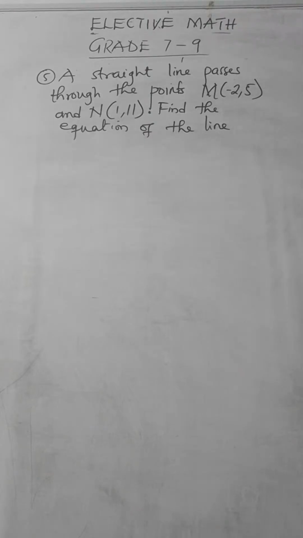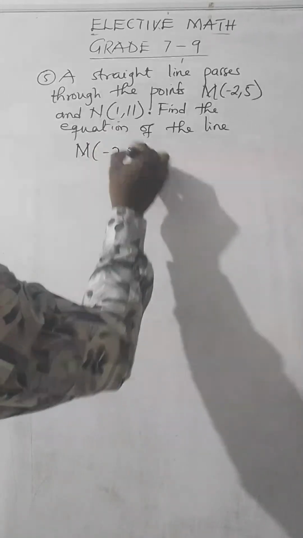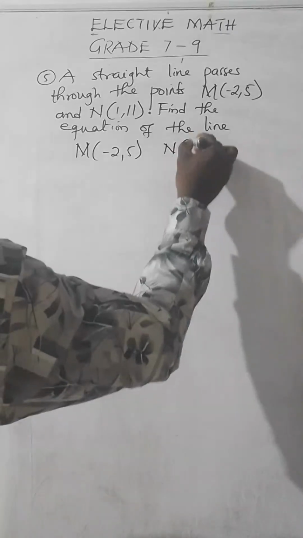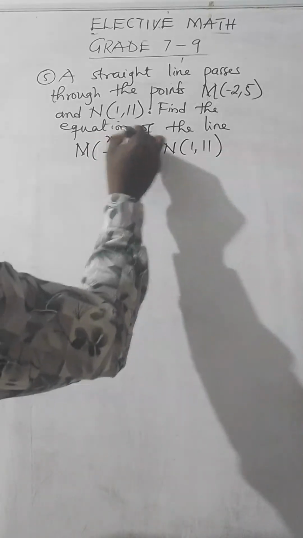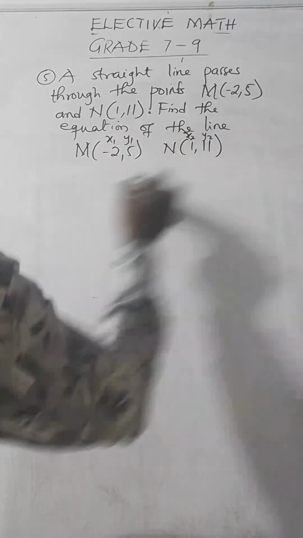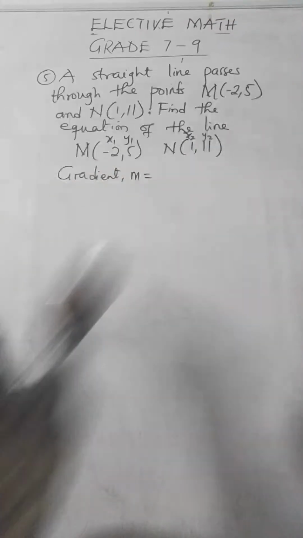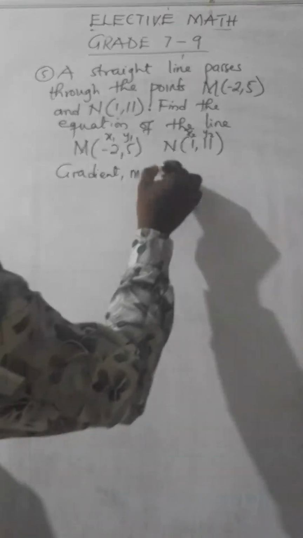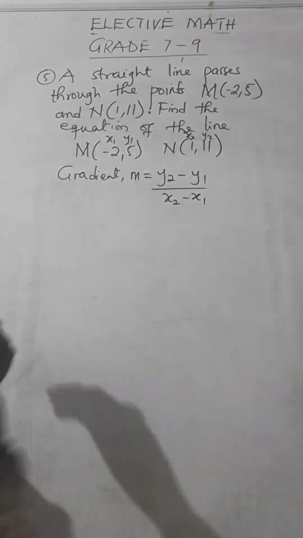So with this one, to find the equation, you need to first find the gradient. We are given M to be -2, 5, and N 1, 11. So you can label this one x1, y1, x2, y2. So your gradient, which is the slope, will be m equal to y2 minus y1 on x2 minus x1.